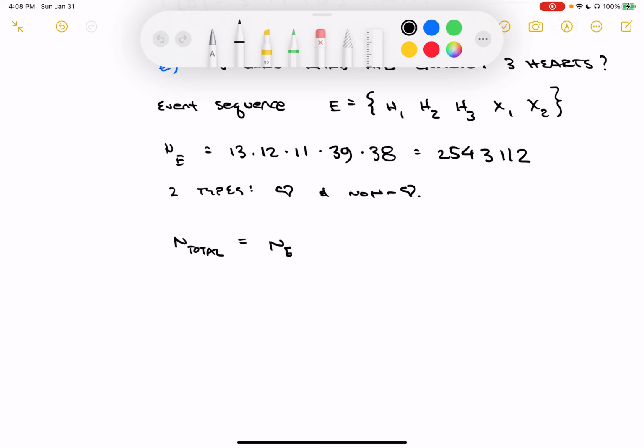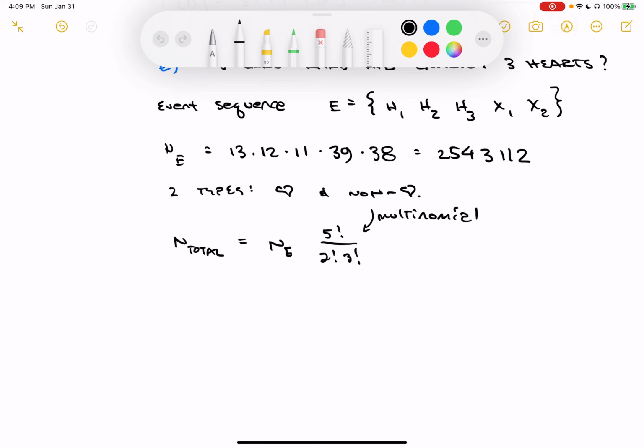So I could have it as XXHHH, or I could have HXHXH, all these different kinds of things. So the total number here is going to be NE times 5 factorial over 2 factorial 3 factorial. That's like a multinomial with two categories, hearts and non-hearts.